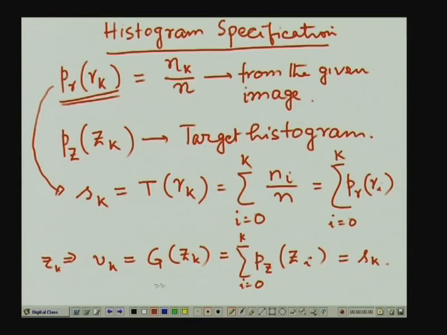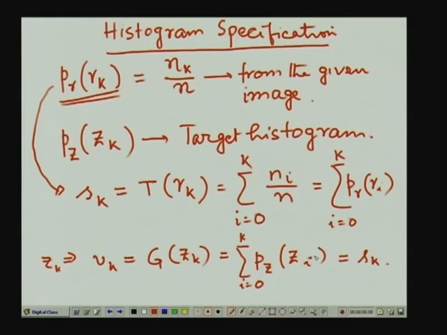So, you find that this intermediate stage, v_k = G(z_k), where this transformation function G(z_k) is given by the sum of p_z(z_i), i from 0 to k. This is a hypothetical case, because we really do not have the image corresponding to the specified histogram p_z(z_k).